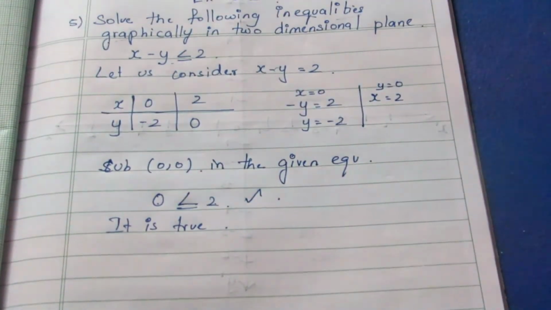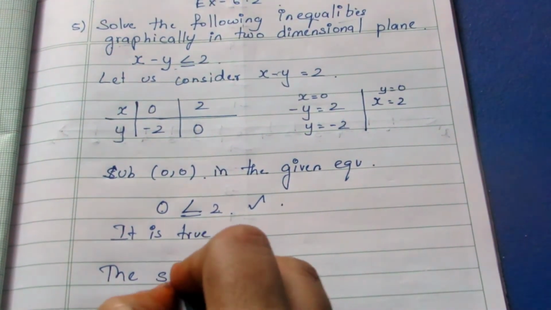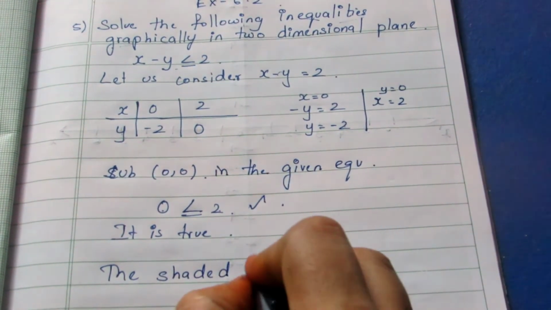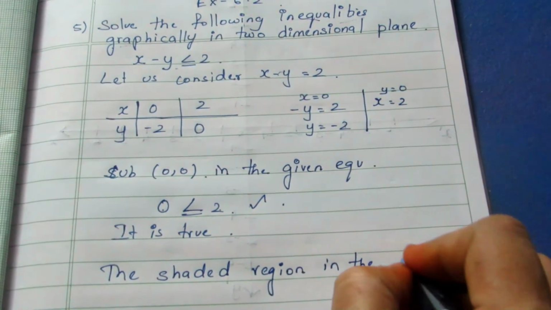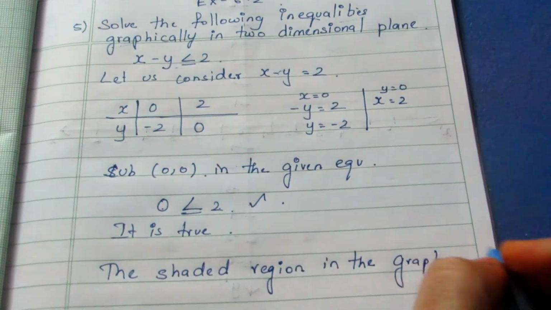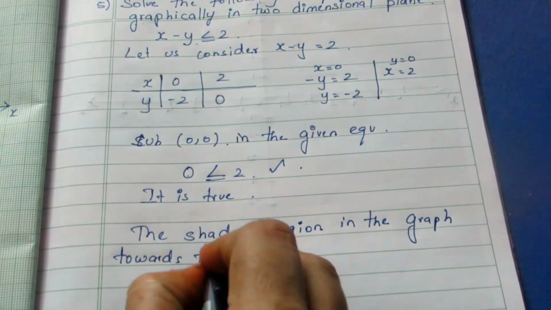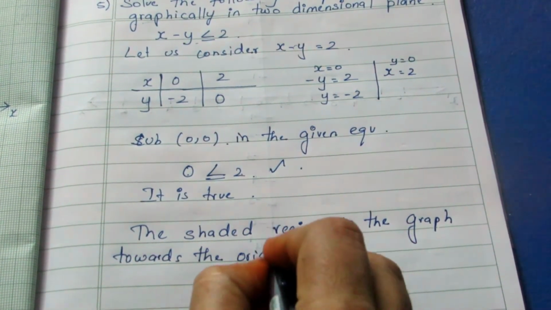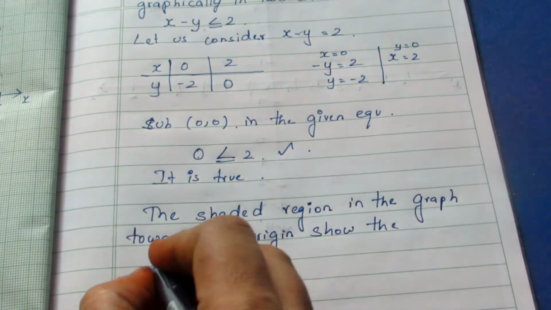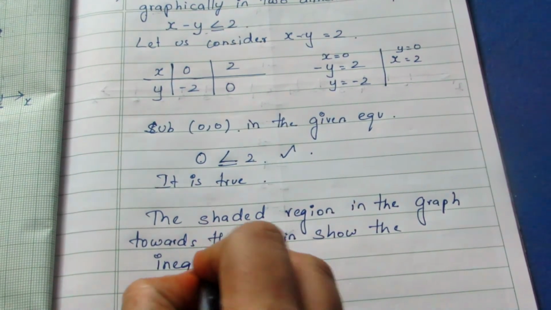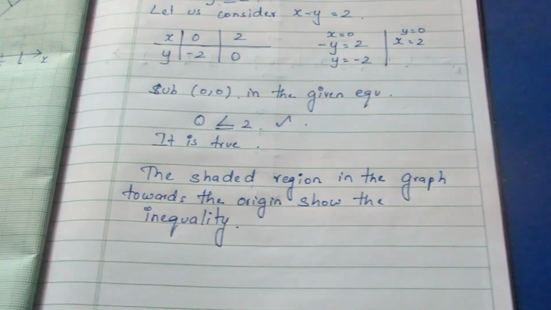So you need to write the given statement: the shaded region in the graph towards the origin shows the inequality. So that's all with the sum. Thank you.